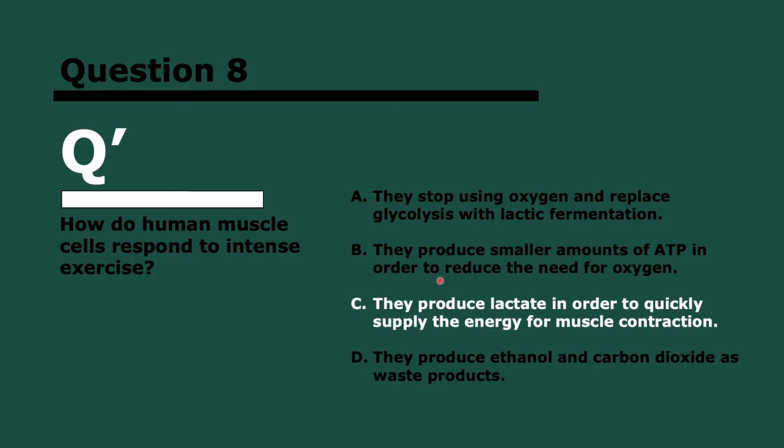That's not true. They do the opposite, right? And then they stop using oxygen and replace glycolysis with lactic fermentation. So they do stop using oxygen, but they don't replace glycolysis with lactic fermentation, because glycolysis happens before lactic fermentation. So for lactic fermentation to happen, glycolysis must have happened beforehand.